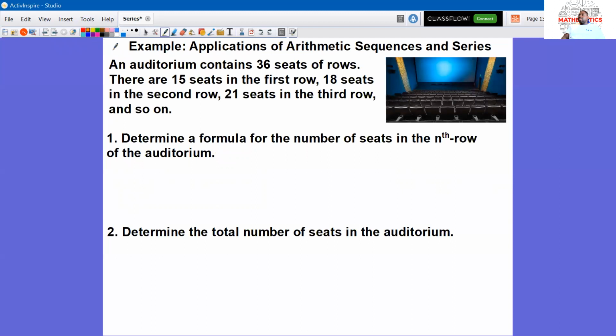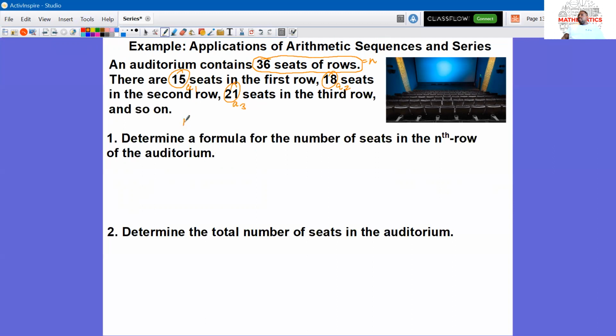Based on this, let's go back and identify some stuff. So 36 rows, I'll say that's n. 15 is A1, then A2, A3. They give us A1, A2, A3.